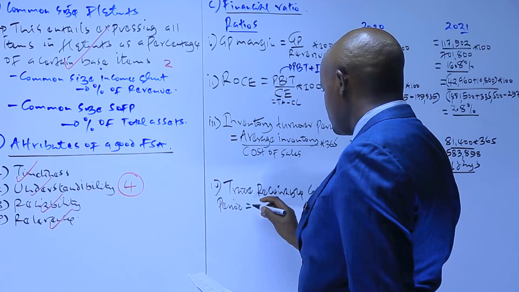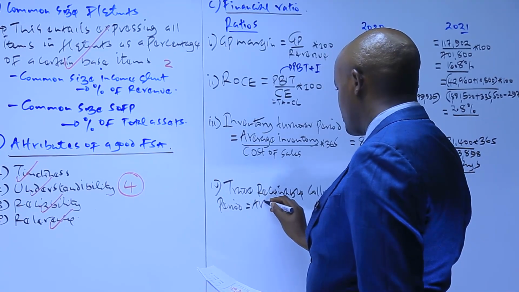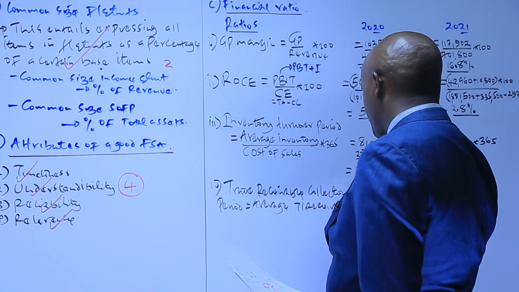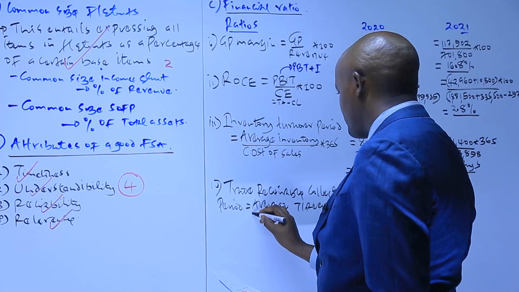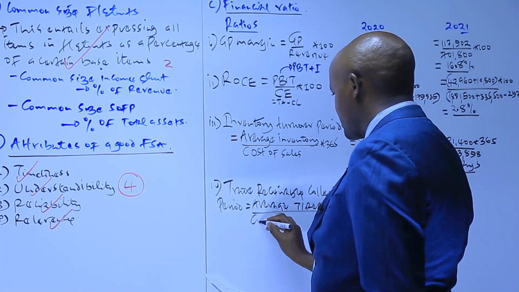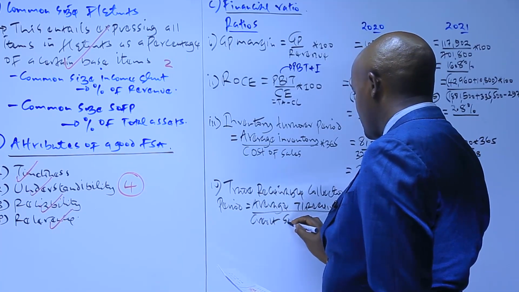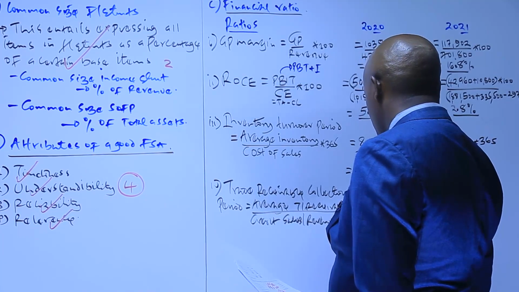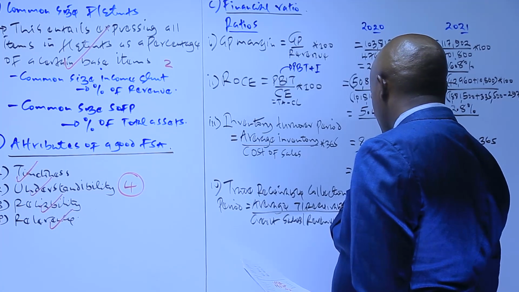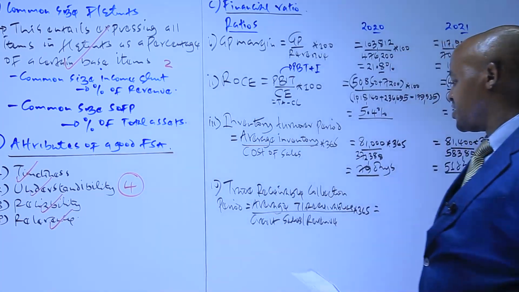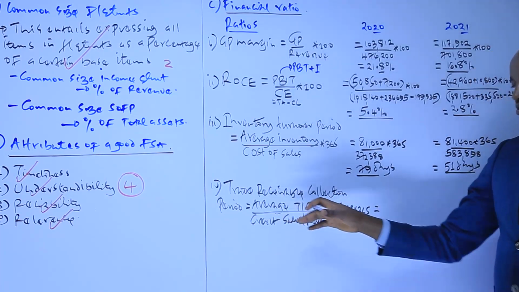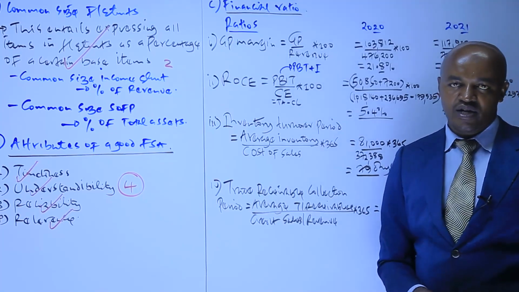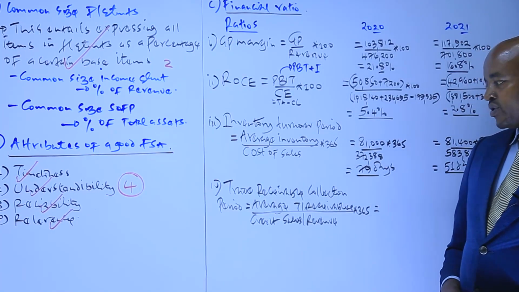We take the average trade receivables, we divide that with the credit sales or the credit revenue, and we multiply that with 365 days. And to determine the average trade receivables, we take the opening trade receivables plus the closing trade receivables divided by 2.